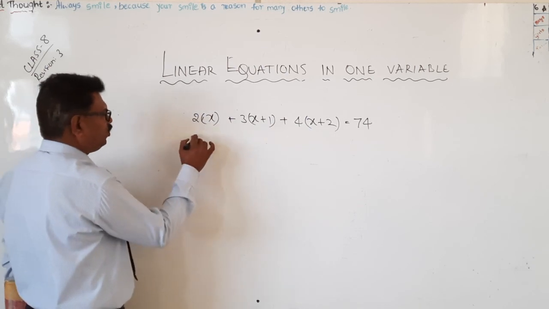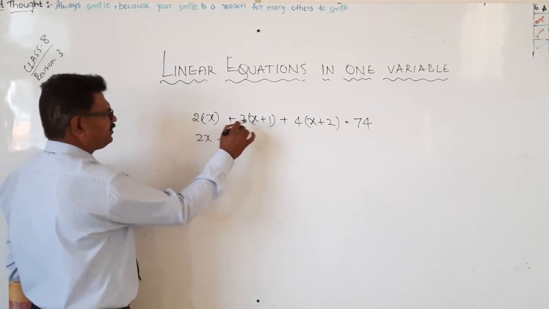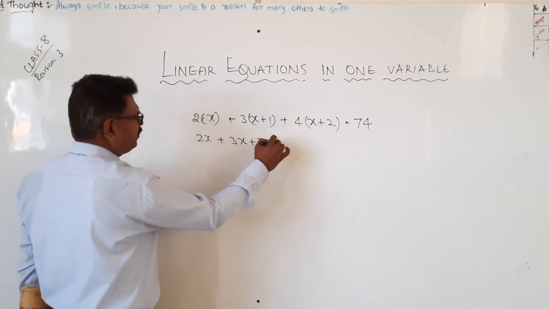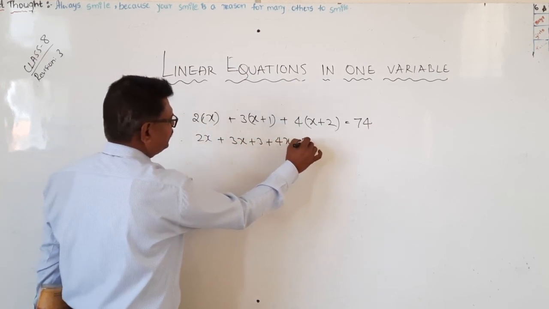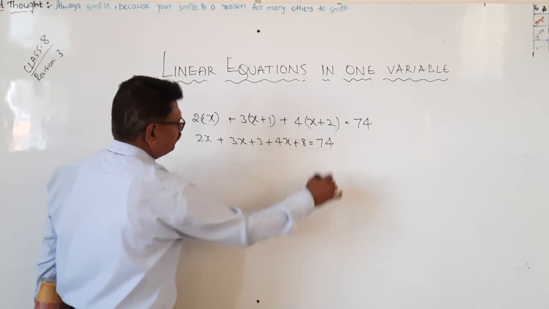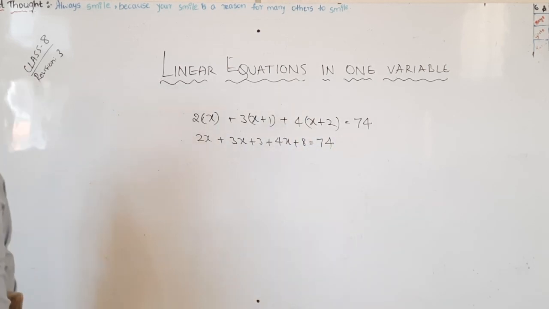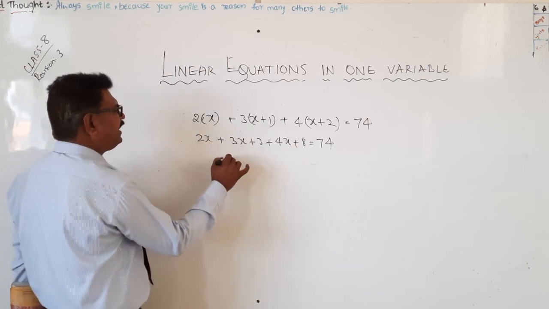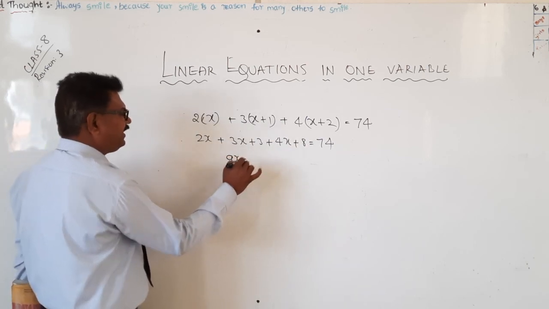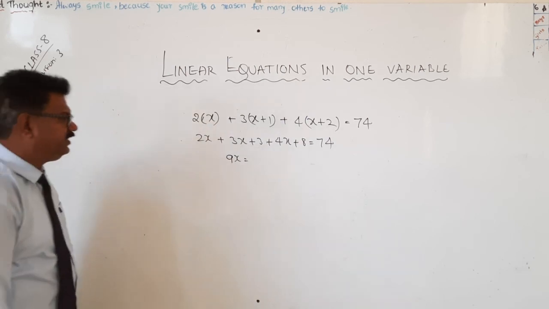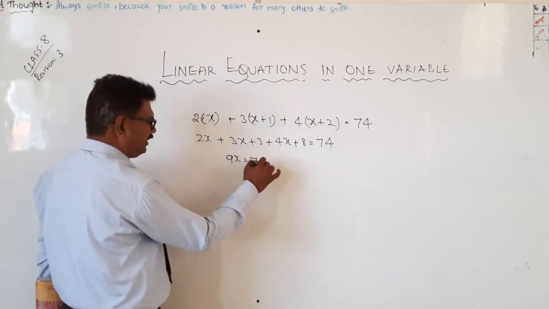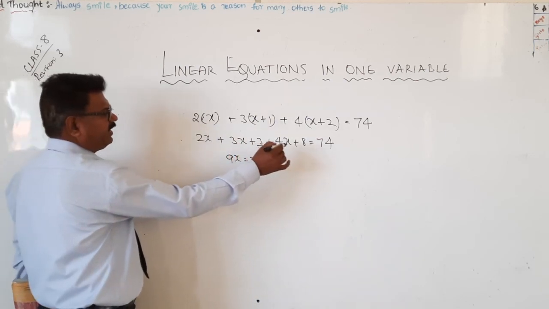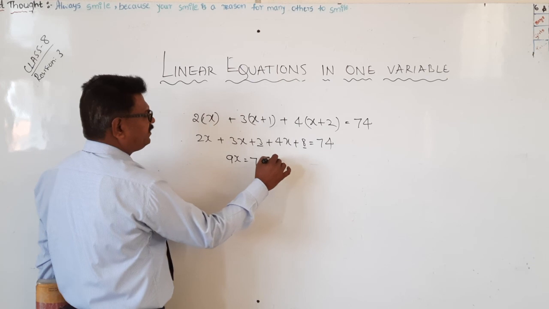Now see, 2 into x, 2x, plus 3x plus 3, plus 4x plus 8, equal to 74. Now 2x plus 3x is 5x, 5x plus 4x is 9x, plus 11, is equal to 74. 3 plus 8 is 11. 11 means plus 11.